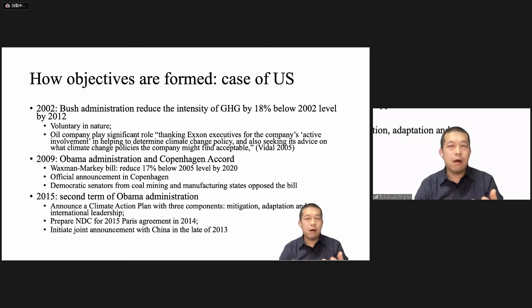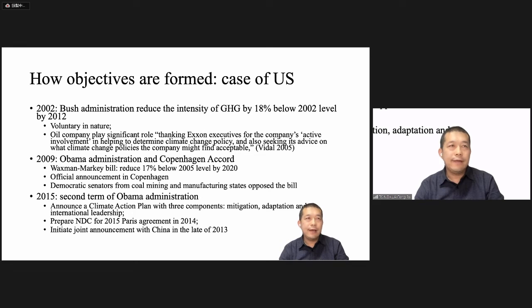A stringent target, the oil companies would not accept, because it would have an impact on their oil and gas business. And that is how, using our previous analytical framework, business actors influence these objectives in a country.